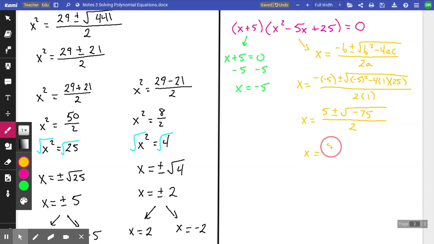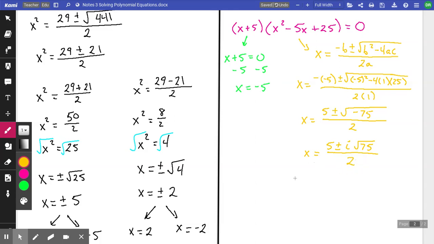Let's simplify that square root. First off, remember, the square root of a negative gives us an imaginary result. So we know it's going to be imaginary, just like we thought it would, because we only saw one x-intercept in this graph if we had graphed it.